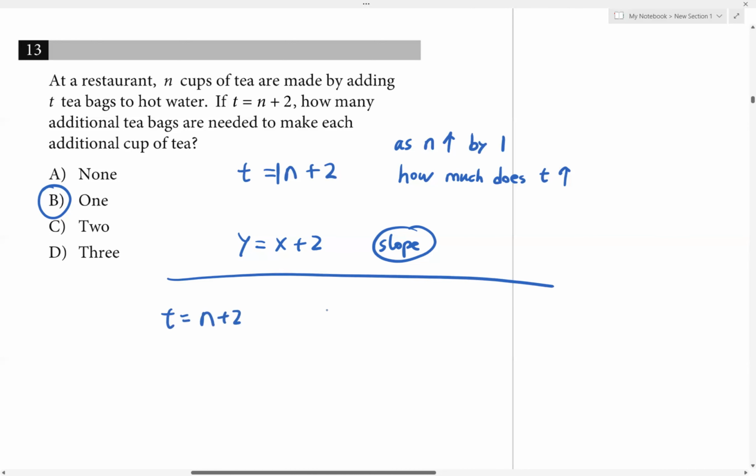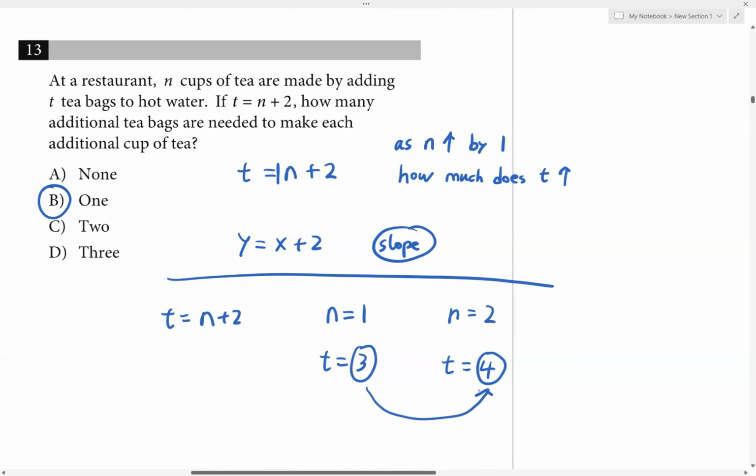When n is equal to 1, let's just pick a test number, to solve for t will be 1 plus 2, which is 3. So n equal to 1, t equal to 3. But now if you want to make an additional cup of tea, n now has to equal 2. Make 2 cups of tea, so n equal to 2. So t, we plug into the equation, 2 plus 2, t equal to 4.